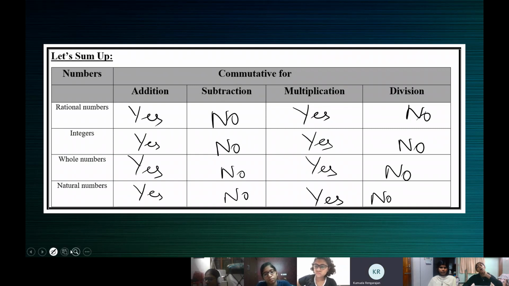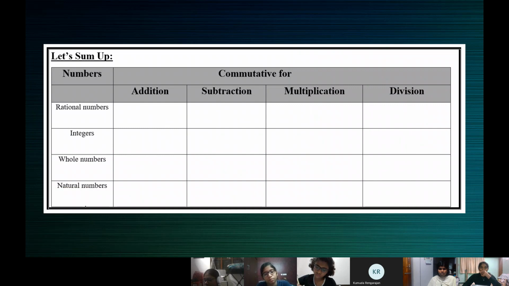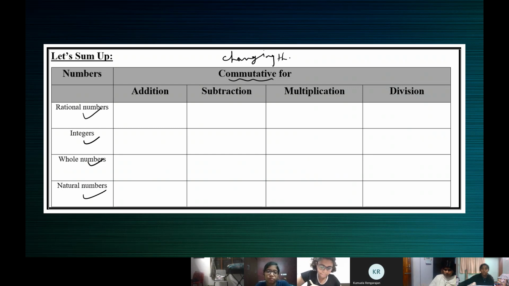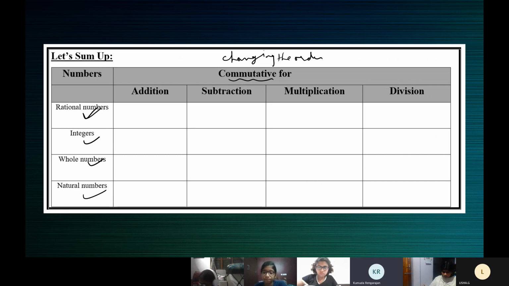I'll write it again. Whether they are rational numbers, integers, whole numbers or natural numbers, the commutative property is basically changing the order. When you change the order and add, you will get the same answer.